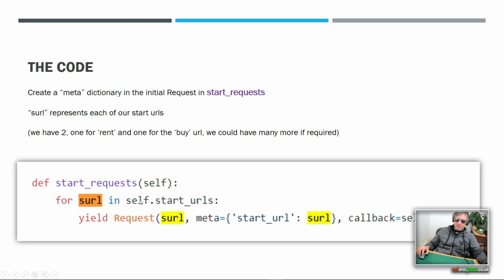I'm looking inside of the start URLs and I'm saying request whatever the one that we're iterating through currently is, and then save that or pass it as meta information when we do our callback. So I'm going to have house and I'm going to have apartment. You could have many start URLs.